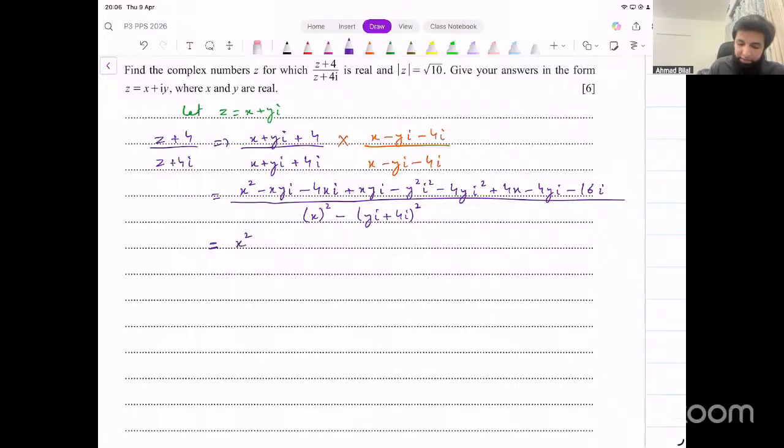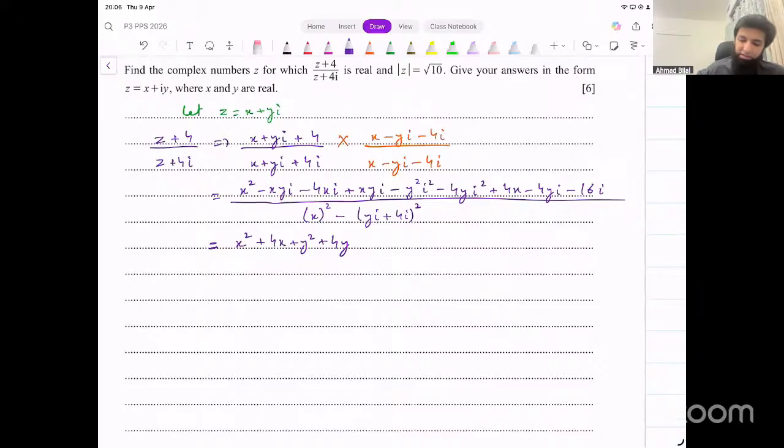Real terms are x squared plus 4x. These are the terms that do not have iota, but then iota squared terms, they're also going to be real. Iota squared is negative 1, so this term is going to become plus y squared. We've got iota squared here as well. This is going to become plus 4y. These are all the terms that are real.